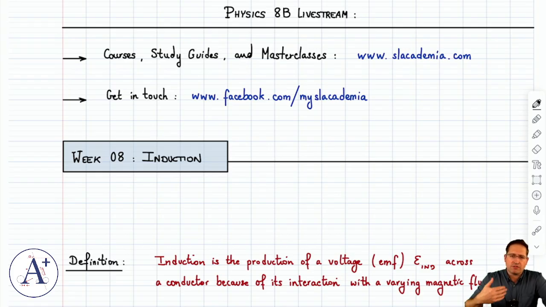One where the magnetic flux changes because the magnetic field changes, and the other where the magnetic flux changes because the area through which I have magnetic flux changes. That'll be the rod on rails problem, which is an extremely classic problem. There's so many exam problems that are based on this rod on rails problem that it's really important that we talk about it and that we understand how it works.